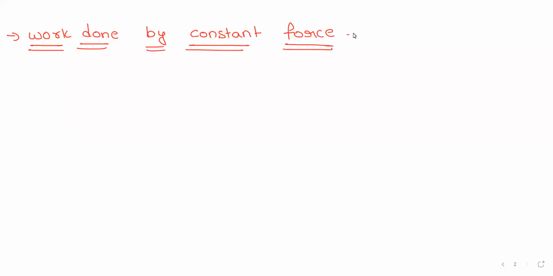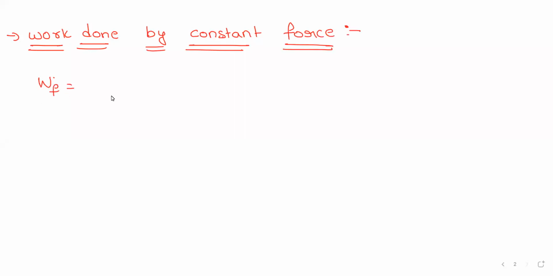So our first concept is work done by constant force. Work done is represented by W, and this constant force we write it here as small f.